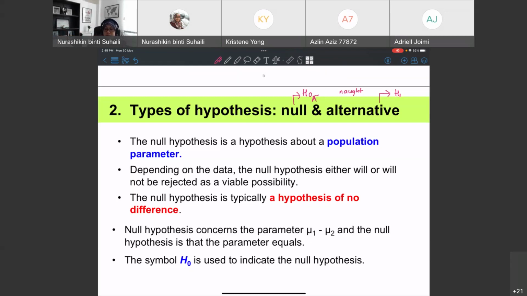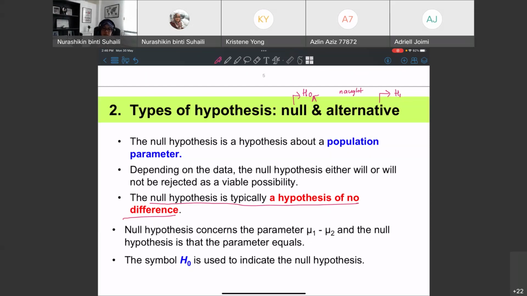So that is the types of hypothesis. Whenever you set the null hypothesis in any statistical test, make sure that you are setting the right statement. Because I noticed that some of you switch. If you say that the alternative is that there is no difference between, maybe, the two samples, that is actually wrong.